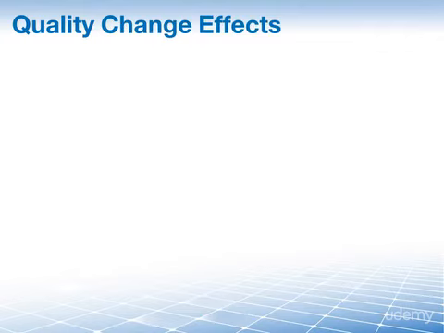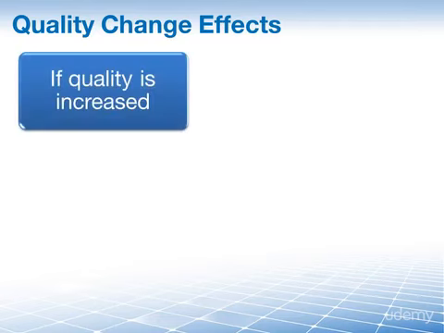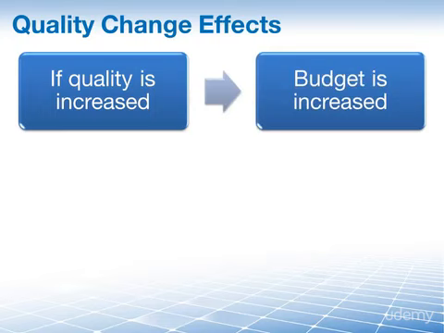And how does this work in regards to the competing project constraints? Well, an increase or decrease in quality can affect many other project constraints, including schedule, budget, and risk on your project. For example, if the quality needs to be increased, then due to mandatory compliance, the budget needs to be increased as well to pay for the extra scope that is required to deliver this new level of product quality.